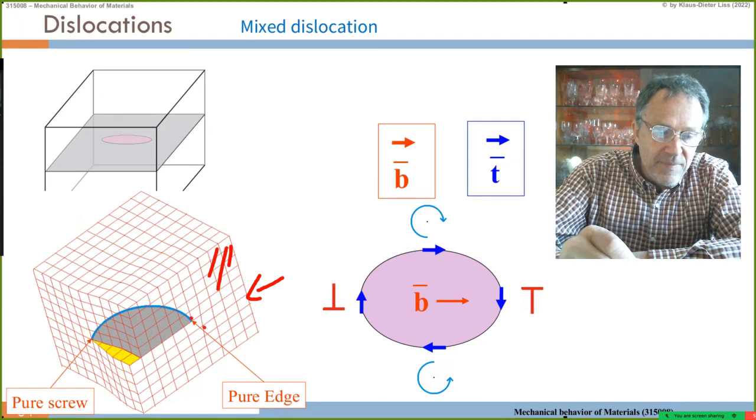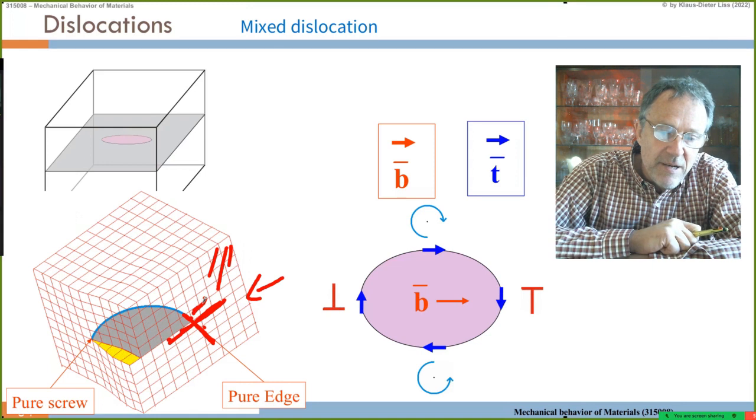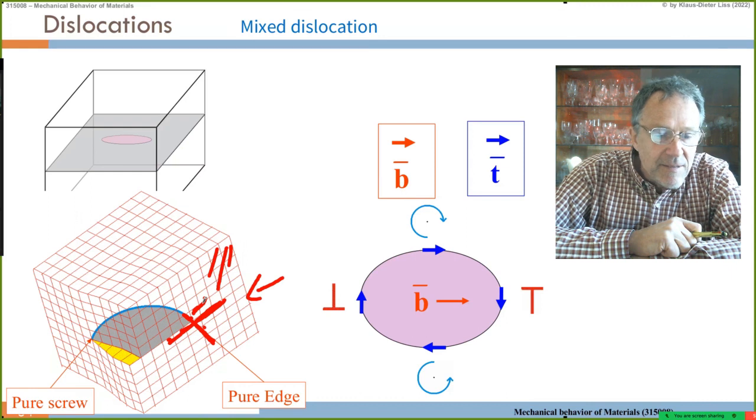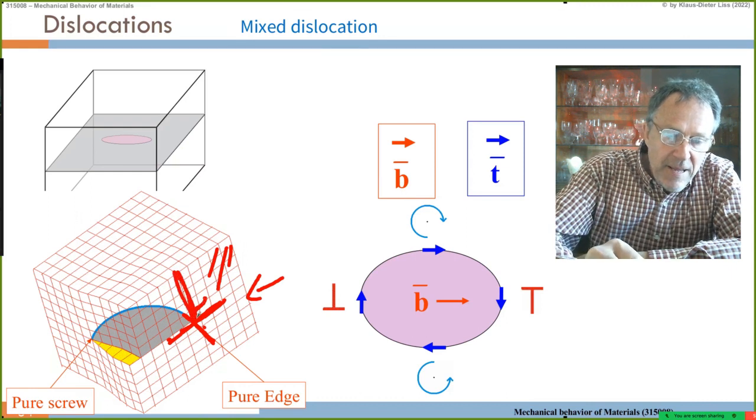The dislocation line here lies in the slip plane. The Burgers vector is this direction, so the dislocation line is perpendicular to the Burgers vector, and we have here this inserted plane.